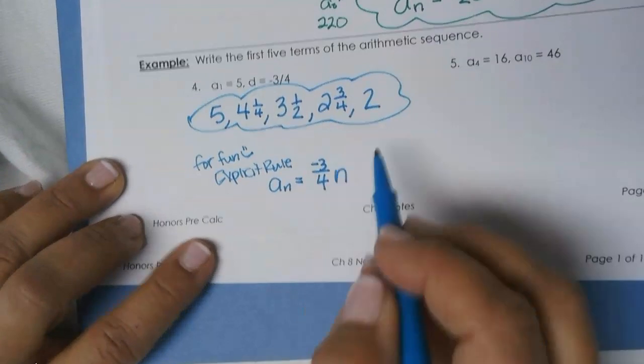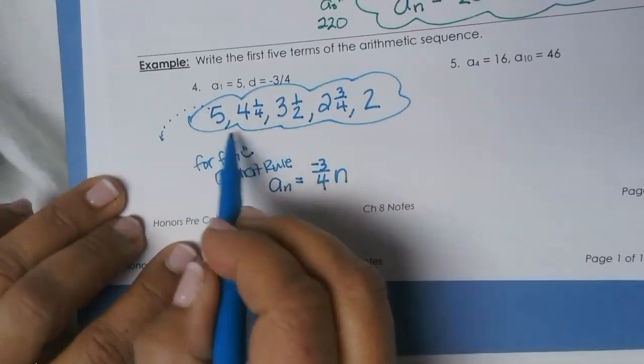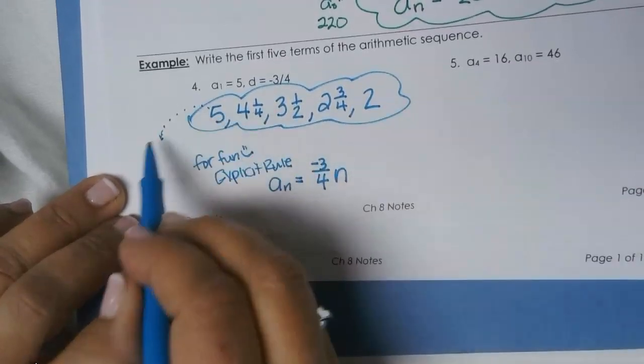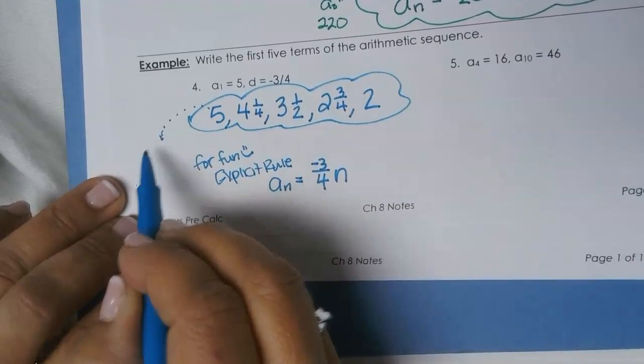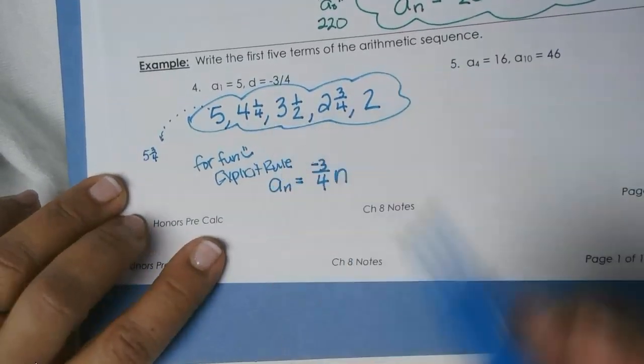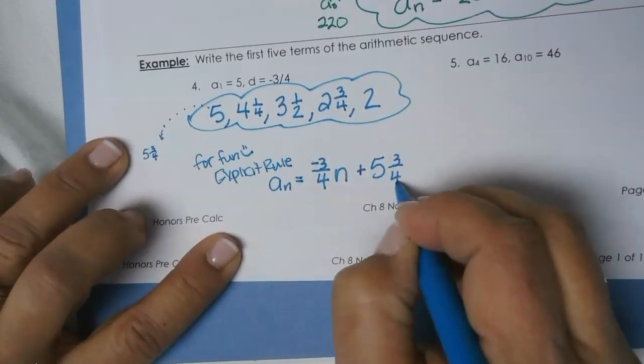And then I need to add what my 0th term would be. If we're subtracting 3/4 going to the right, we'd be adding 3/4 going to the left. So that would give me 5 3/4 as that 0th term. And so I'll just put that here.